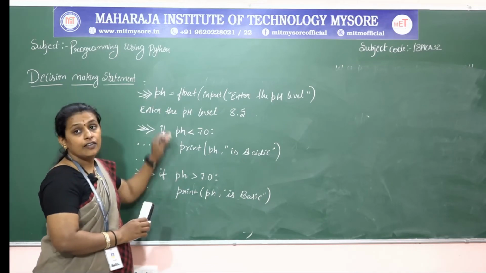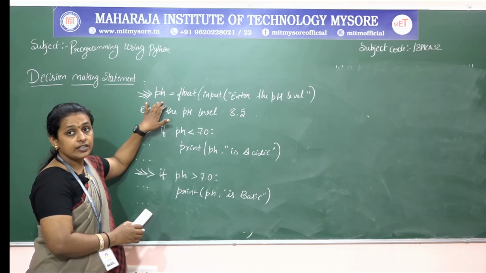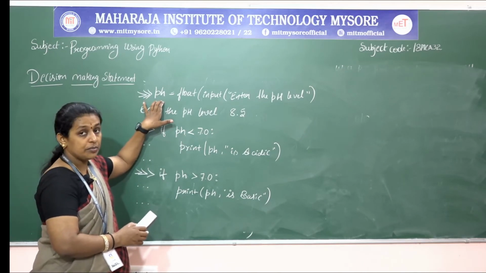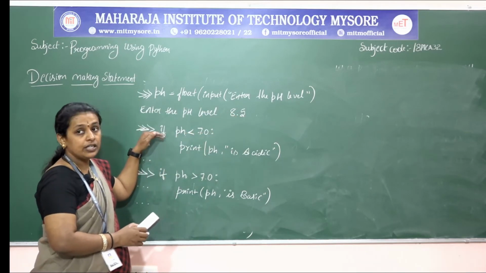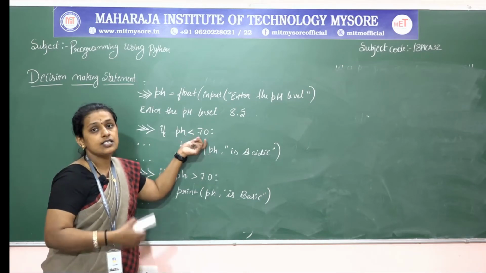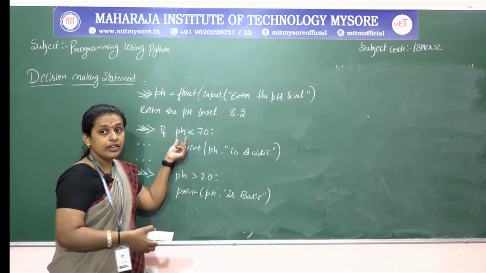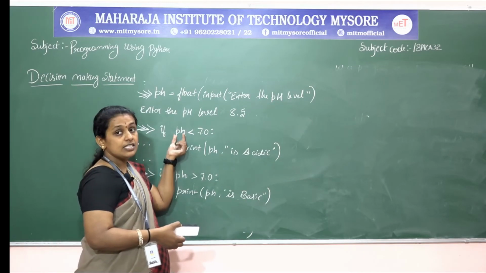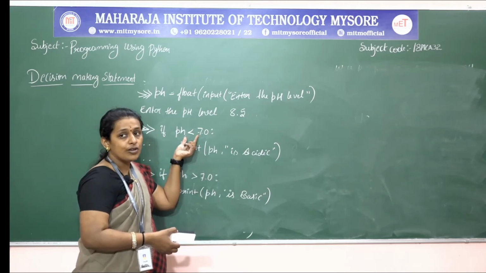So let's start evaluating the code. First we are going to enter a value for this pH variable, that is 8.5, and the next statement we are going to check whether this pH value is less than 7. Here the pH value is 8.5. So I compare if it is less than 7. No, the condition is false.